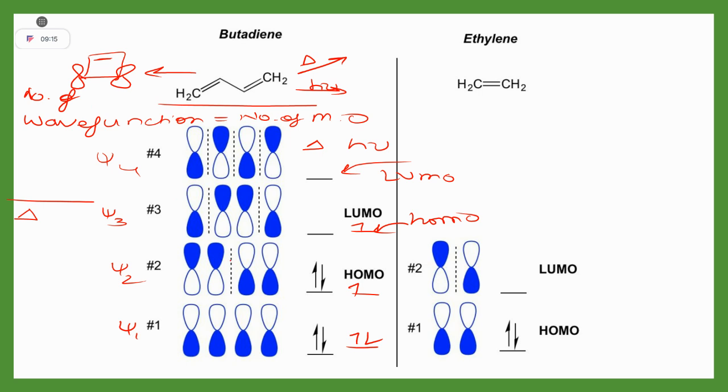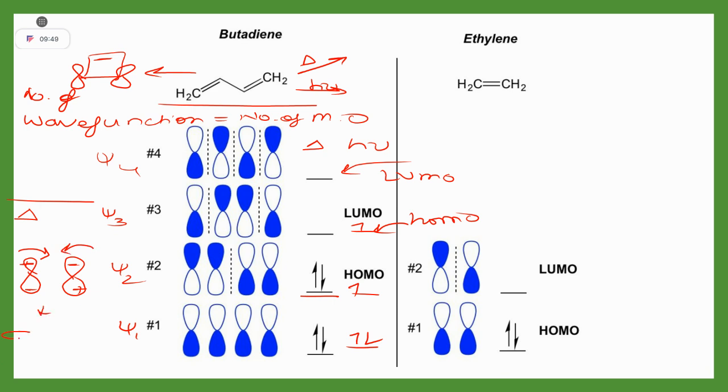So let's say this butadiene is in heating condition. In heating condition, psi 2 is HOMO, and orbital sign is different, means plus minus, minus plus. So if you want to meet these orbitals in a constructive way, right? So you will rotate this first molecular orbital to the right side, or I can say clockwise direction, and this one to the left side.